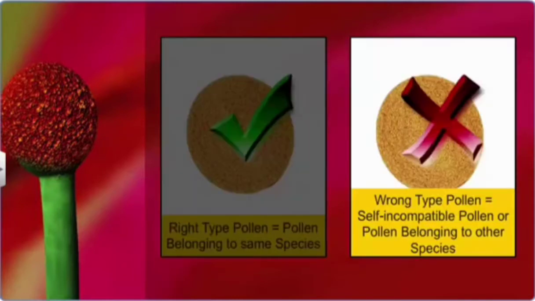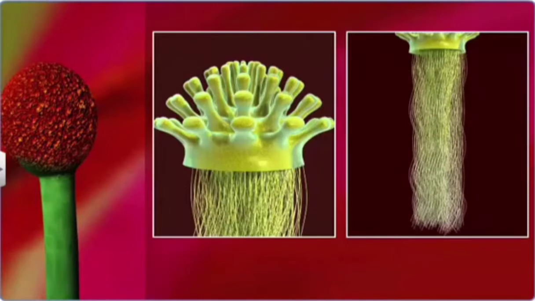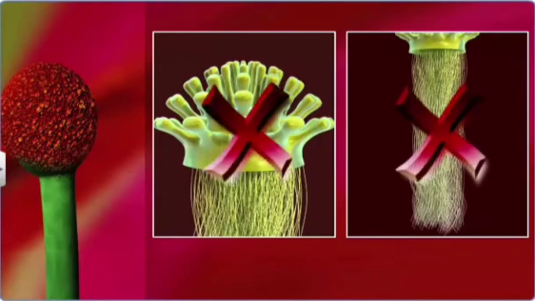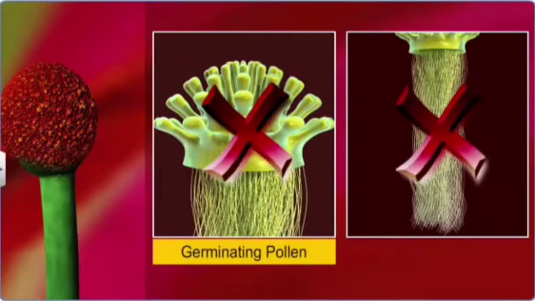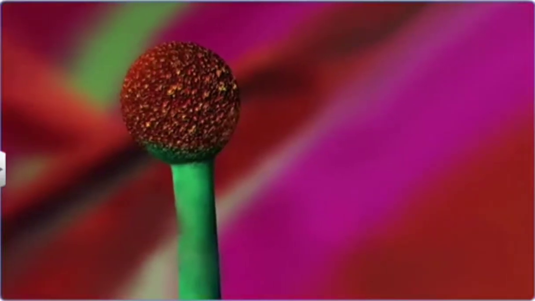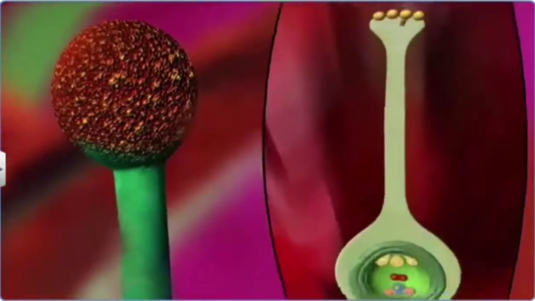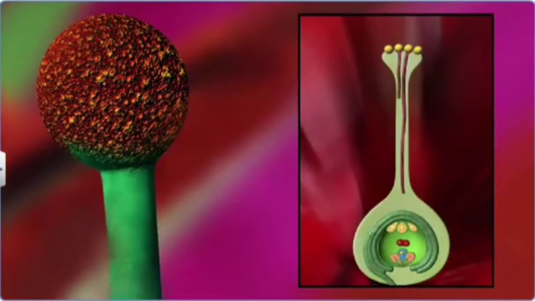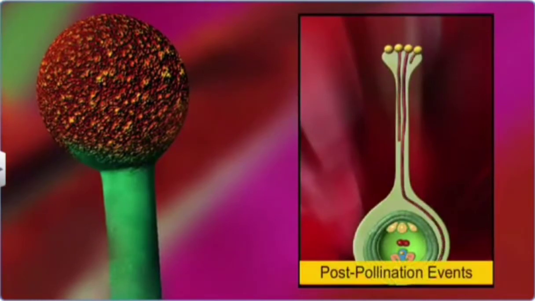The wrong type, on the other hand, means that the pollen is self-incompatible or belongs to other plant species. The pistil rejects the wrong type of pollen by preventing it from germinating or disallowing the growth of the pollen tube. Conversely, if the pollen is of the right type, the pistil accepts the pollen and initiates post-pollination events.